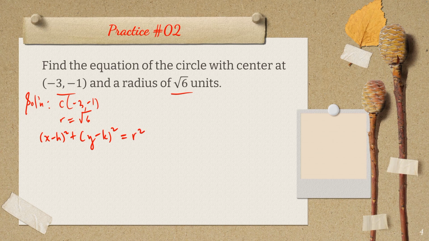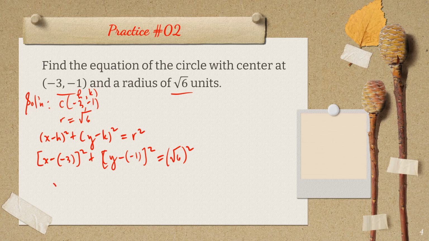Yes, so we are going to substitute the values of the center in the given formula. That's (x - h), and our h here is -3, since this is h and k. So our h is -3: (x - (-3))^2 + (y - (-1))^2 = (square root of 6)^2.